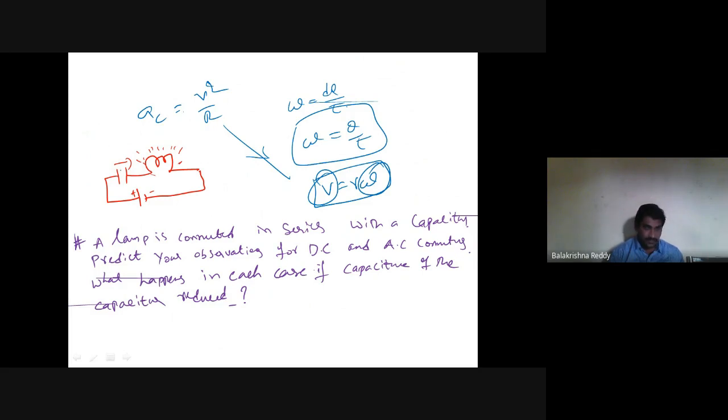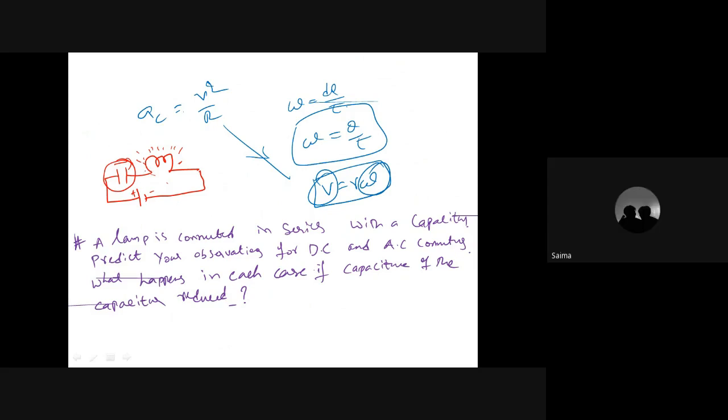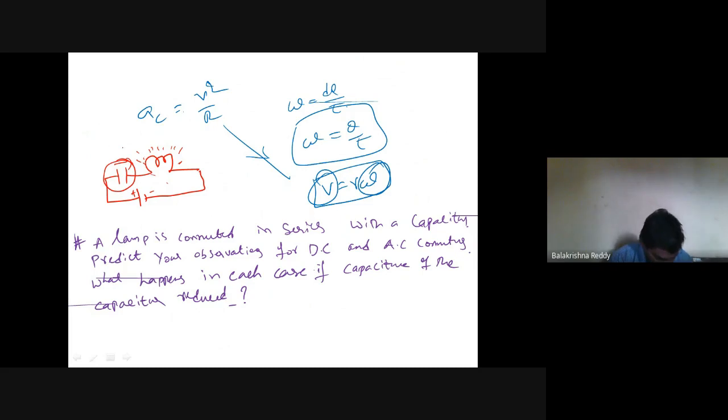Once the charge is stored in the capacitor, it stops charging, right? So there is no current flow in the circuit. Since no current flows, will the bulb glow? No, it will not glow.